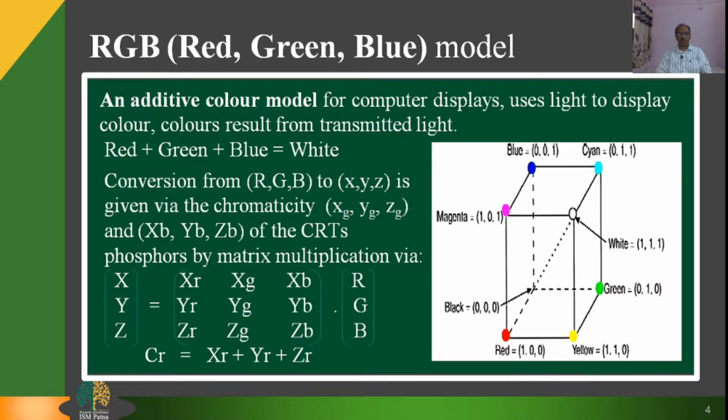So that finally becomes 1 minus X minus Y divided by Y into Y, where XG, YG and XR and XB are weights applied to the monitor's RGB colors to find X, etc. As you are looking on the screen, this color model is often described as a cube by mapping the red, green and blue dimensions onto the X, Y and Z axes in three-dimensional space.